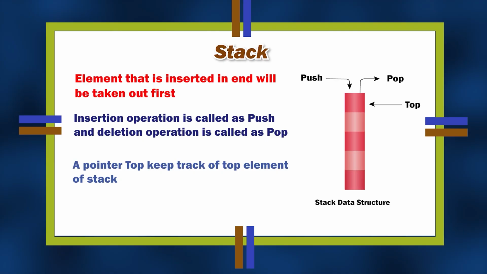For performing push and pop operations, you need to know the address of the memory location, and that address is given by a pointer called the top of the stack.